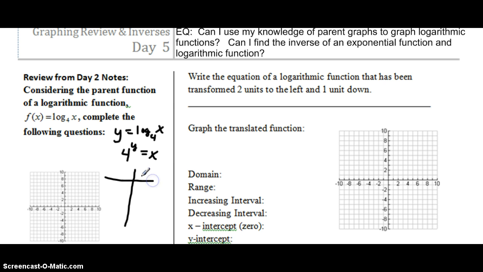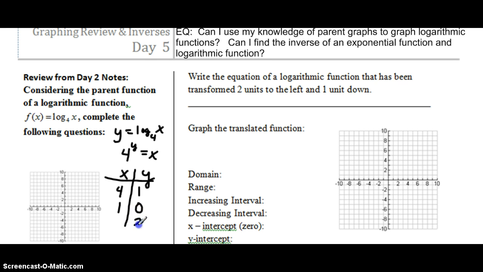Now we're used to inputting x's to find y, but we can do the reverse. So I'm going to use this new equation to help me. If I input 1 for y, I will get 4. If I input 0 for y, I will get 1.